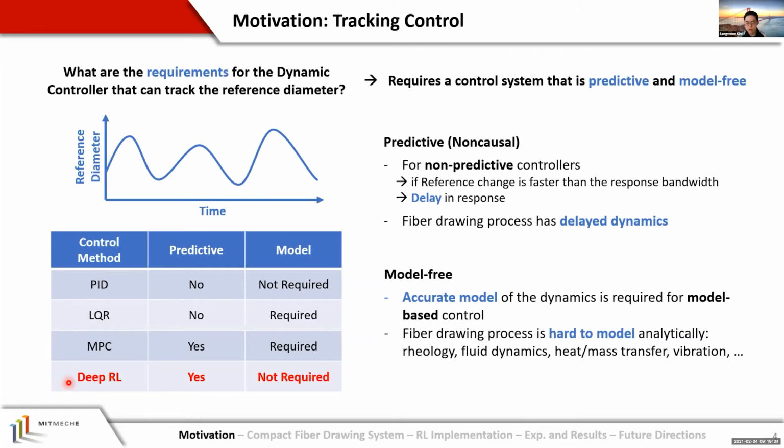Therefore, in order to overcome these limitations, we are proposing a deep reinforcement learning-based controller. The proposed controller can predictively control the system, and also it does not require any explicit model of the system. Rather than requiring the explicit model, the controller will learn how to control by directly interacting with the system.